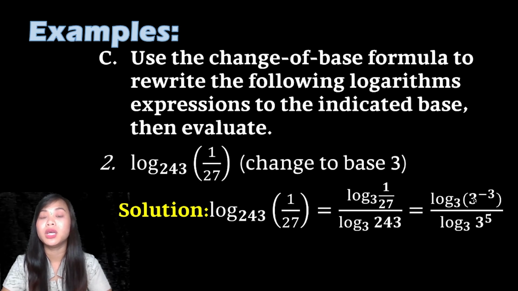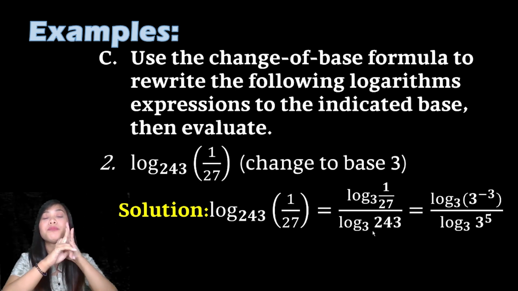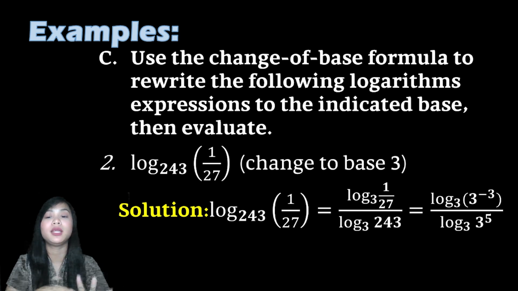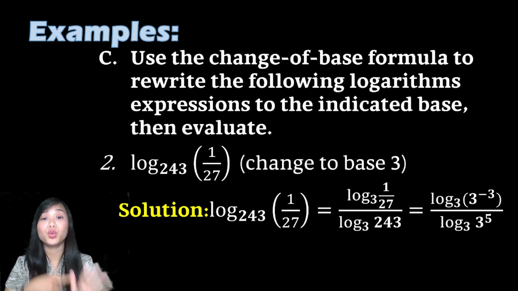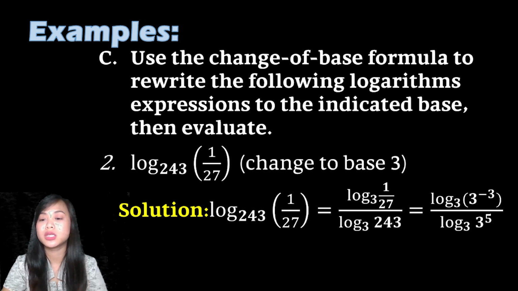So when we bring it from the denominator to the numerator, we'll have a negative exponent. So we have in the denominator log base 3 of 3 raised to 5. So 3 raised to 5 is equal to 243. For the power 243, we have 3 times 3, 9 times 3, 27 times 3, that is 81 times 3, that is 243.